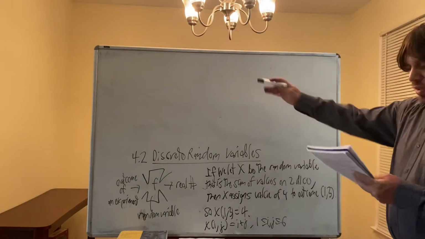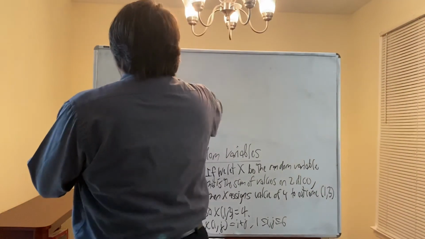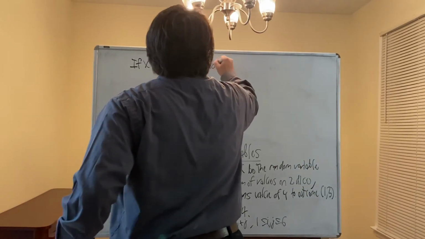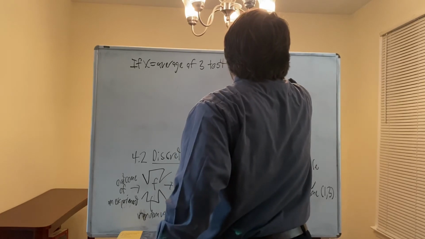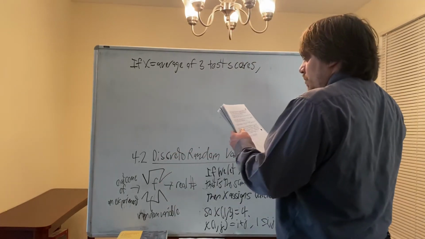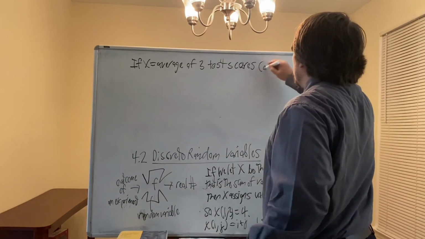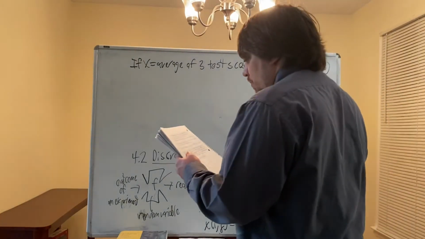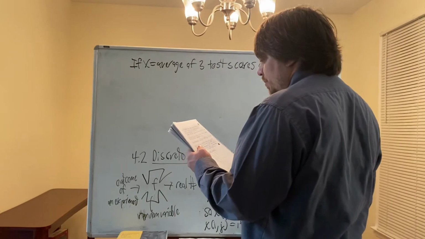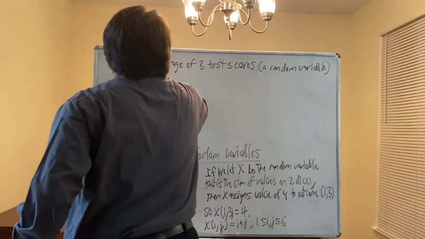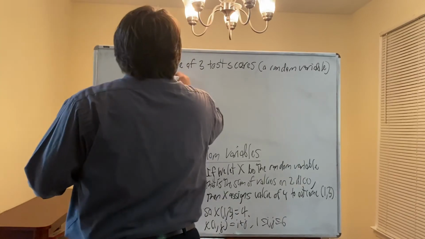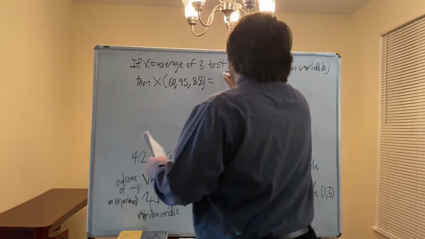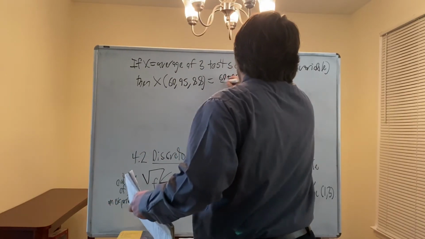Okay, so I'm continuing 4.2 here, at the top here. If capital X is the average of 3 test scores, a random variable, then X of 60, 95, 88 is equal to 60 plus 95 plus 88 divided by 3.